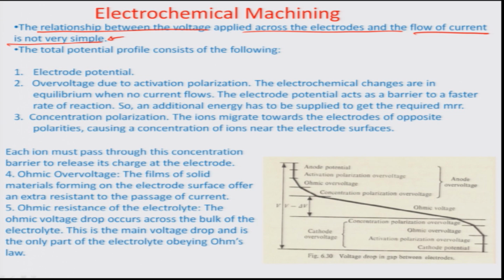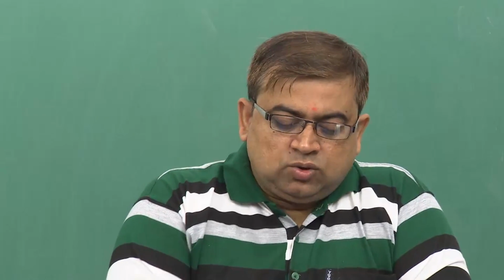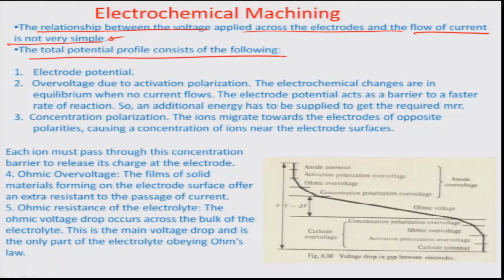It is because the charge transport has to take place crossing the diffuse layer and the double layer, the Helmholtz layer, and then finally an interaction in terms of the charge transport into the electrode from the electrolyte and vice versa. So, the total potential profile would consist of the following.